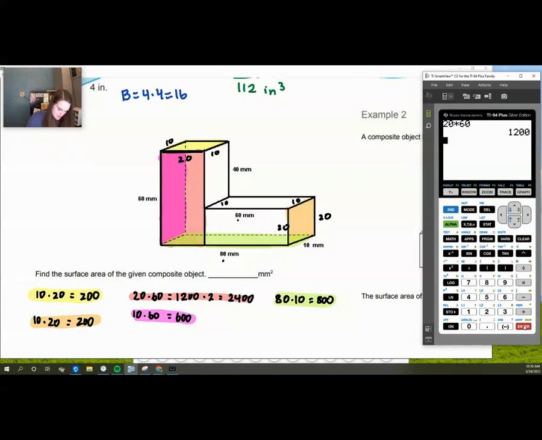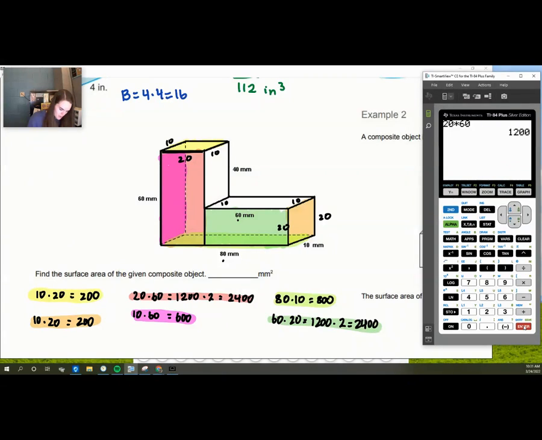Okay, just keep on moving. We haven't found this section, and there's actually 2 of them because there's the front one and then there's the back one. So we'll multiply this answer by 2, and this is a 60 by 20, which is 1200 times 2 is 2400. And that's this section here.